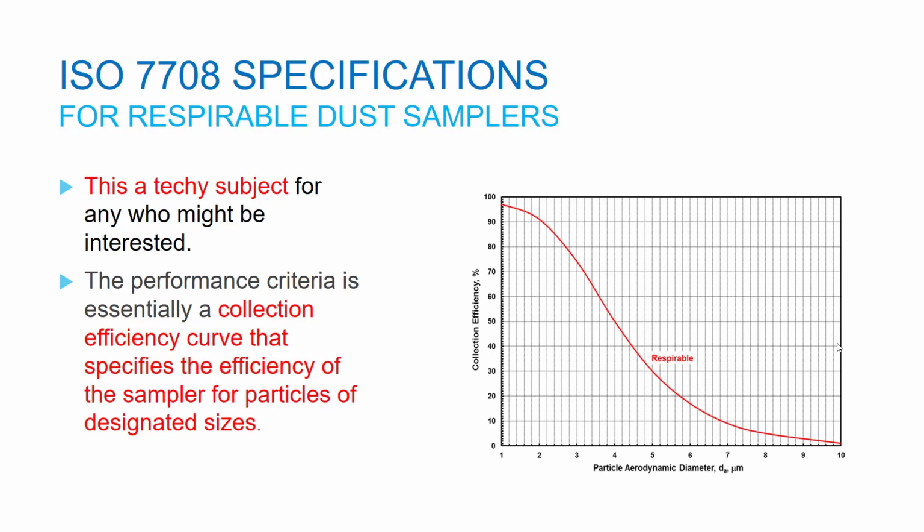For example, if the particle is 2 micrometers in diameter, the sampler should be about 95% efficient. If the particle is larger, around 9 micrometers, the sampler only has to be around 5% efficient to still meet the criteria.